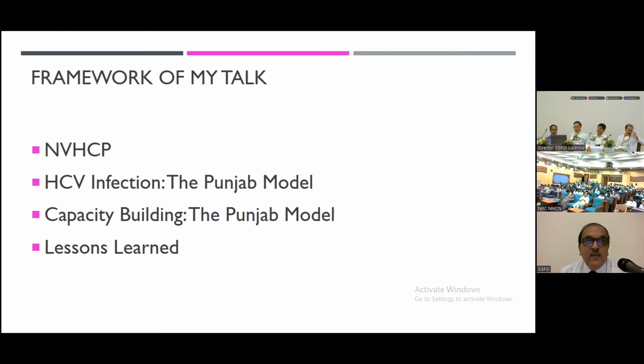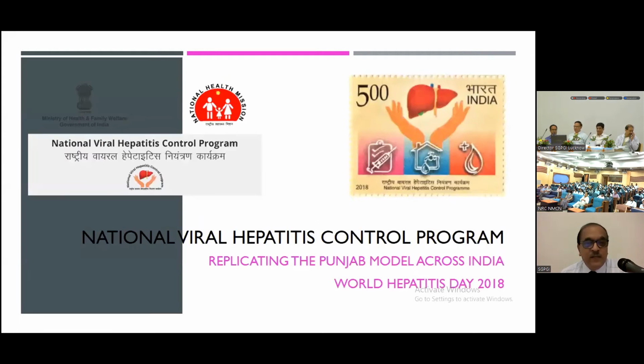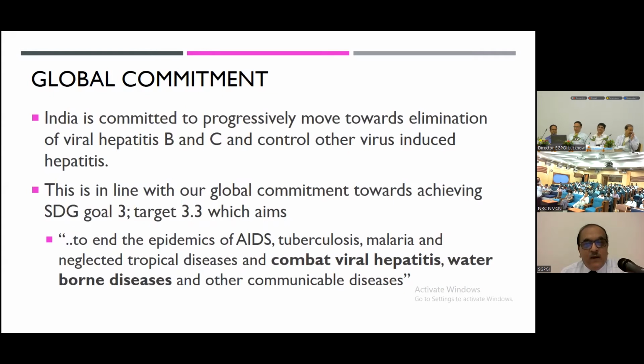And they have shown good results in Punjab, and the standard operating procedure was adopted by the central government, and the National Viral Hepatitis Control Program was started on this day, that is the 28th of July 2018. 4-5 years have gone by since then, and I'll talk to you about the viral hepatitis control program.